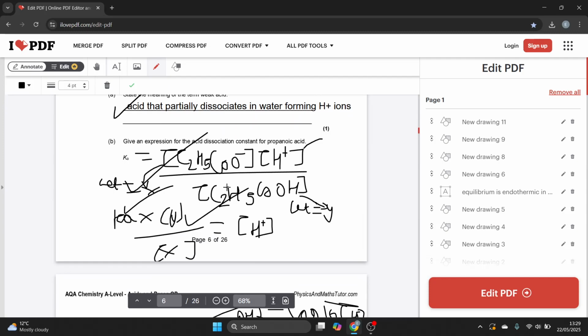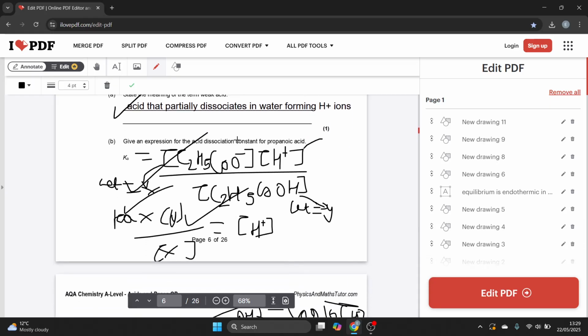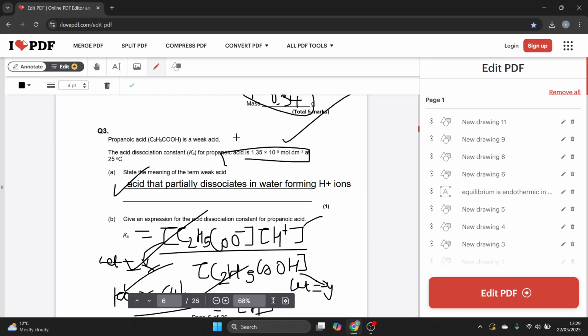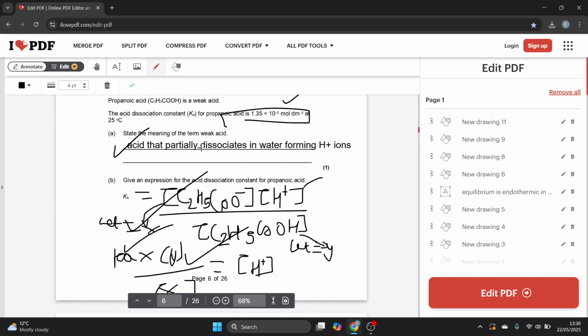But it tells me from the beginning we know propanoic acid is a weak acid.